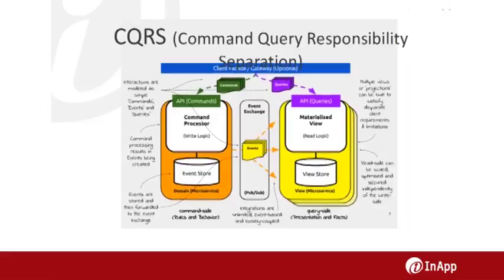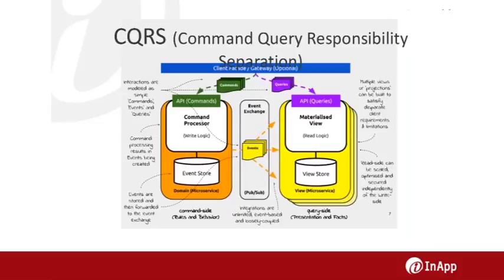So your consumer could be your own service, or it could be a different service. So in this particular case, this service might be offering multiple materialized views or reads for customers.